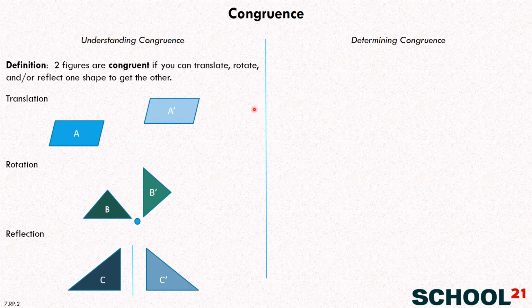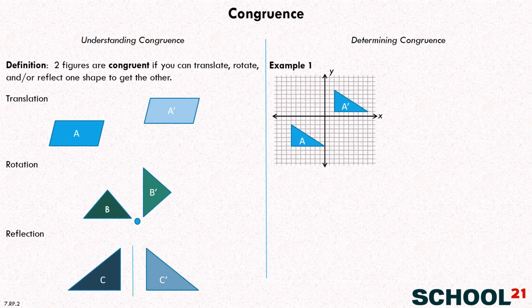So now let's see if we can define whether or not some different situations represent congruence. Let's look at example 1. We have shape A here, and shape A prime over here. I've thrown them on the coordinate plane so we can see the measures a little more easily.